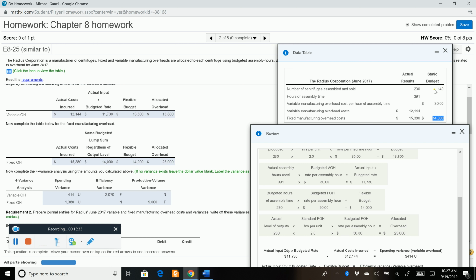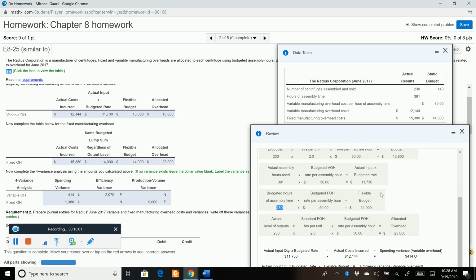So how many did we originally budget for? 140 units. And we originally said each unit is going to take 2 hours of assembly time. So if we take the 140 times 2, we have 280 hours of budget time originally.